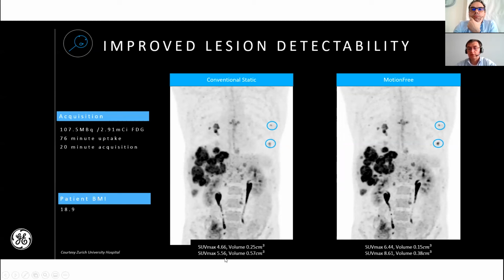The next one is changing from 5.5 to 8.6. And here we could definitely see that lesions are better seen, and their conspicuity is higher. And overall image quality in terms of contrast, in terms of noise, is also improved on these motion-free images.